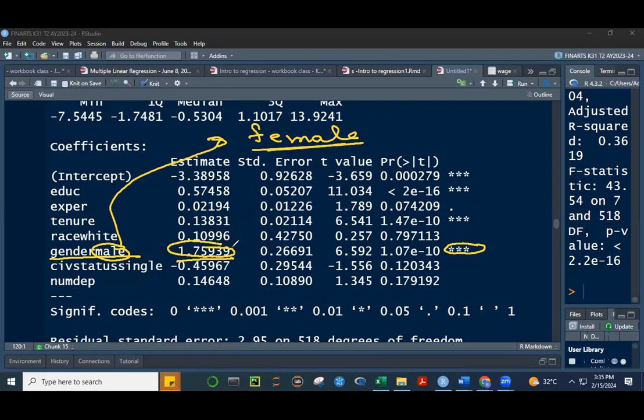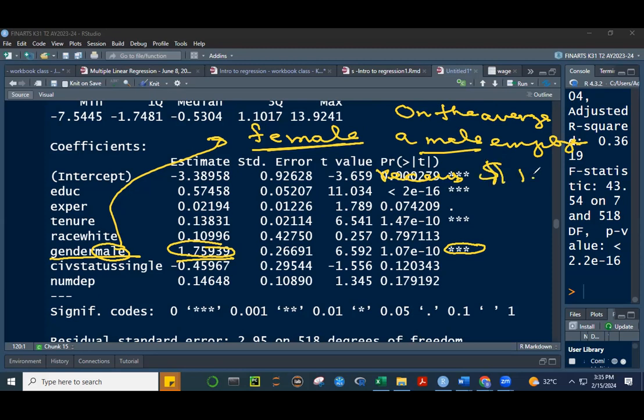So, the reading of this is that on the average, a male employee receives 1.75, I'll just round it to 1.76, $1.76 more.